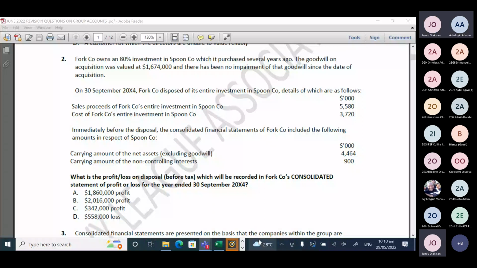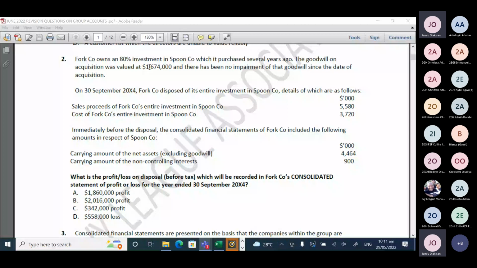Goodwill, is it given? Yes, 1674 up there. And there is no impairment. And the last thing is NCI at that date of disposal. You can see the man gave us all the 4 items.